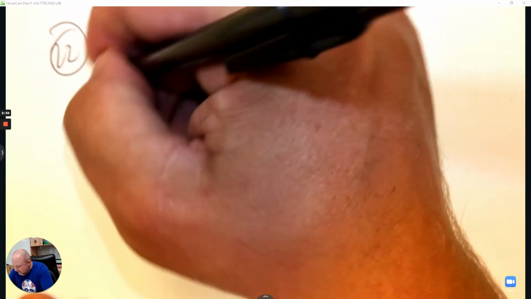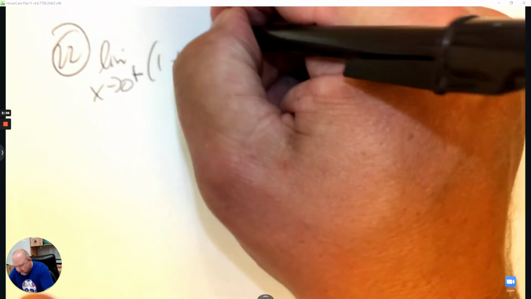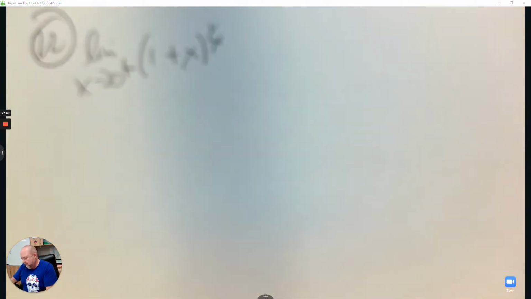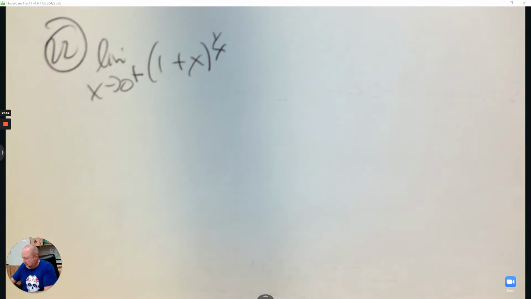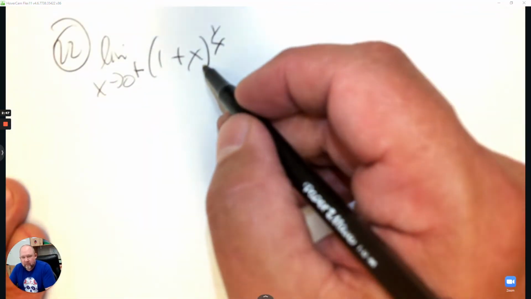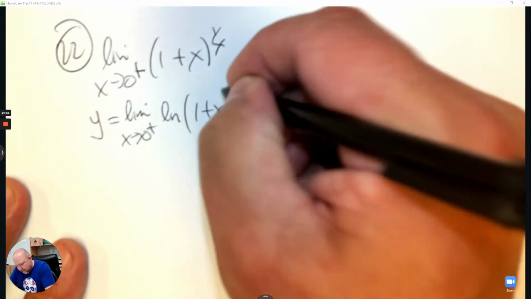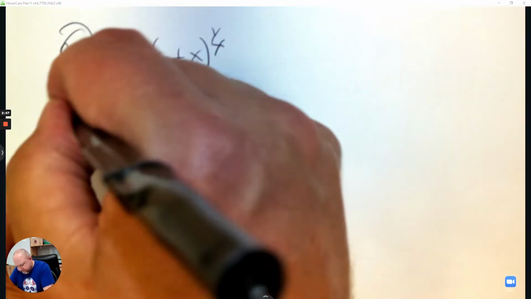The limit as x approaches 0 from the right, 1 plus x to the 1 over x. Didn't we do this one? Not quite. Okay. So if you evaluate it, we're going to do the logarithm, make it equal to y. And then we're going to do the logarithm to both sides so that we can do the power rule.